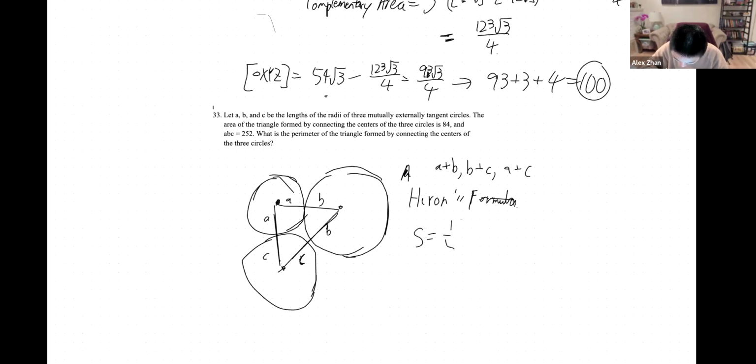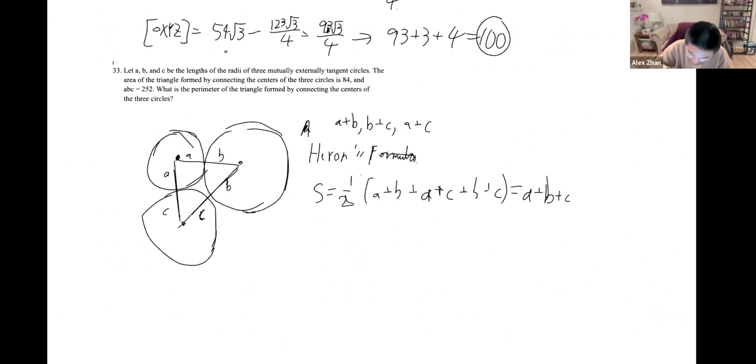The sum of the side lengths is A plus B plus A plus C plus B plus C, which is equal to 2 times A plus B plus C. Then by Heron's formula, the area is the square root of S times S minus A times S minus B times S minus C. So the square root of A plus B plus C times A plus B plus C minus A minus B, so that's C, times A plus B plus C minus B minus C, that's going to be A.